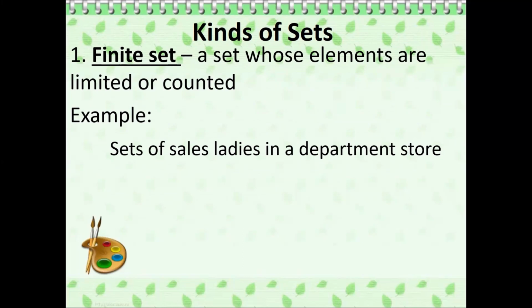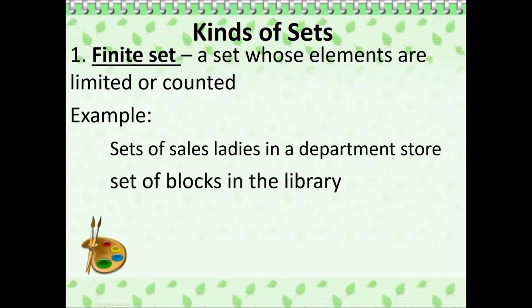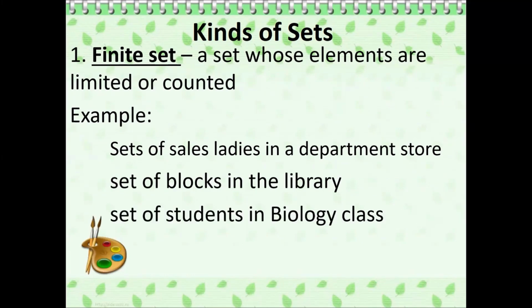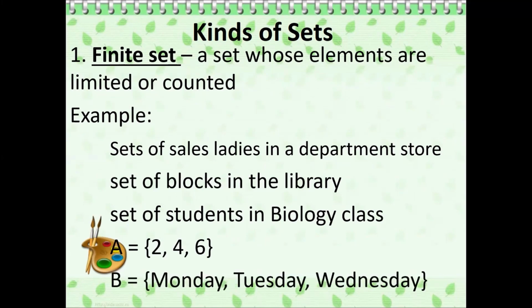That is an example of a finite set. Set of books in the library. Set of students in a biology class. Set A has elements 2, 4, 6. These are some examples of a finite set. Another example, set B has elements Monday, Tuesday, and Wednesday.